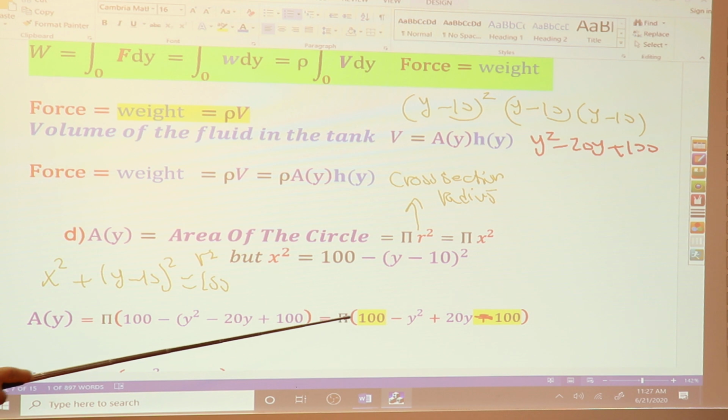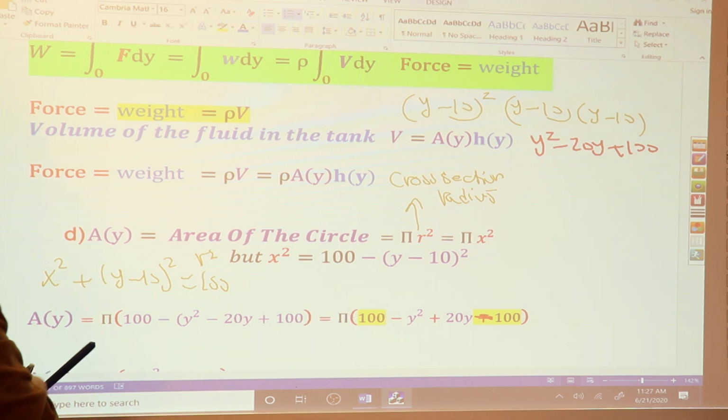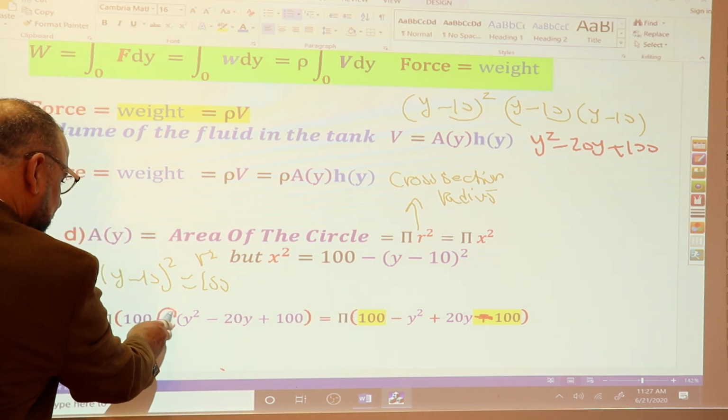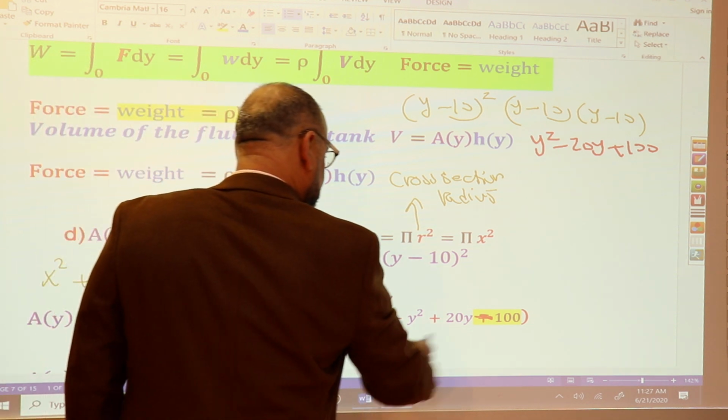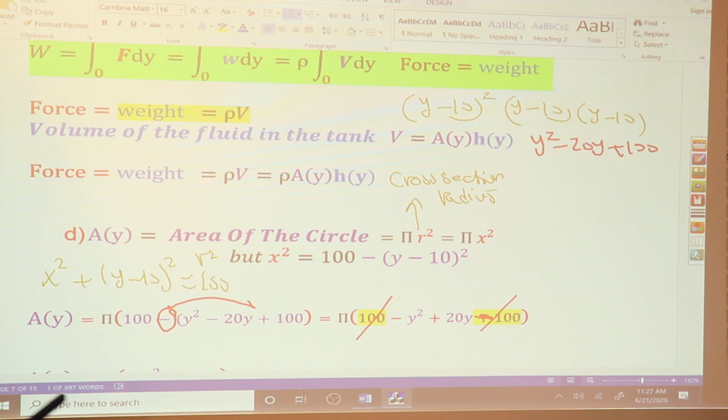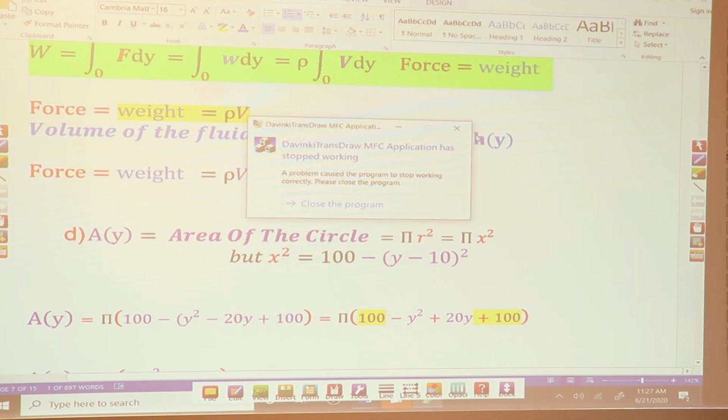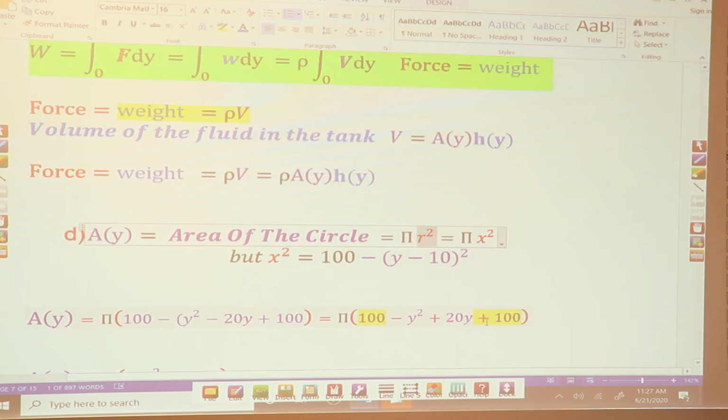Then what's going to happen? Which one is going to cancel? You see the minus here? It affects all the signs. This is going to cancel, 100 minus 100. Okay, just let me change this one to be minus.